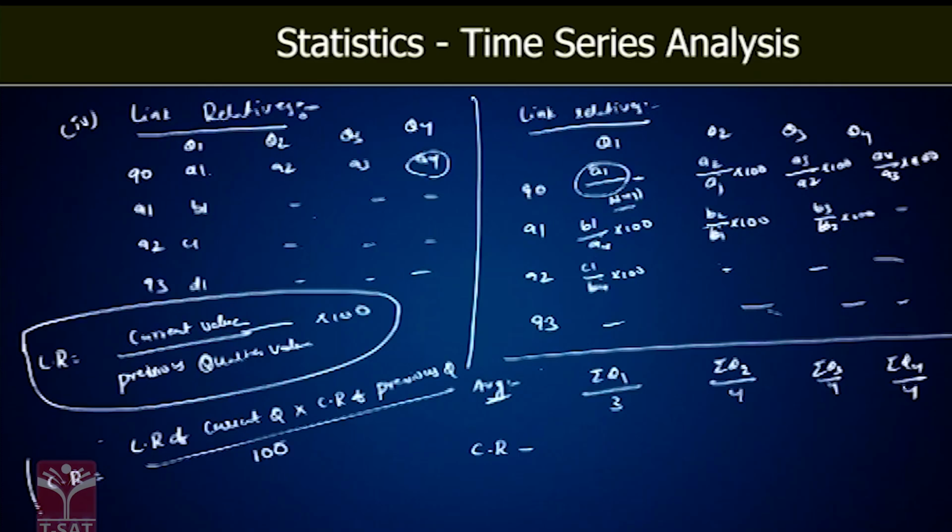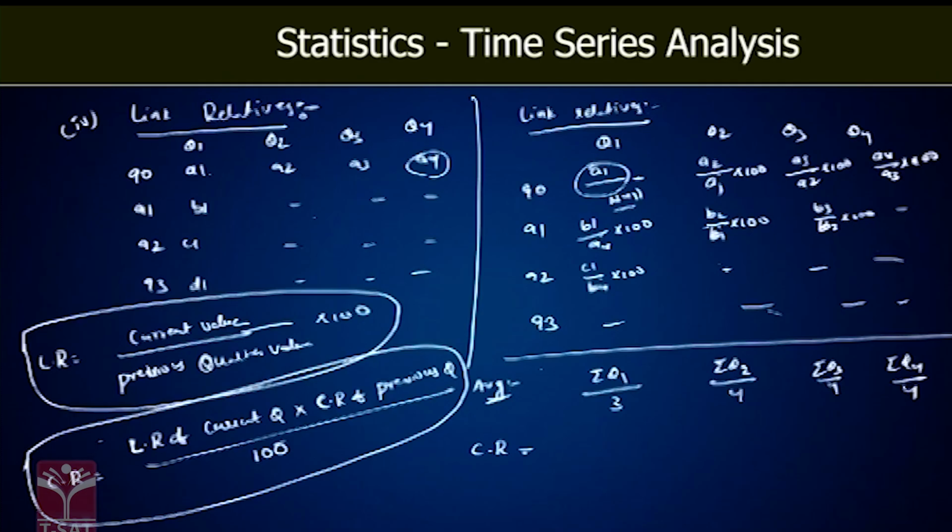So this is one more formula. Chain relative is given by link relative of current quarter into the chain relative of previous quarter divided by 100. This is a chain relative CR and this is a link relative LR. Don't confuse CR and LR.